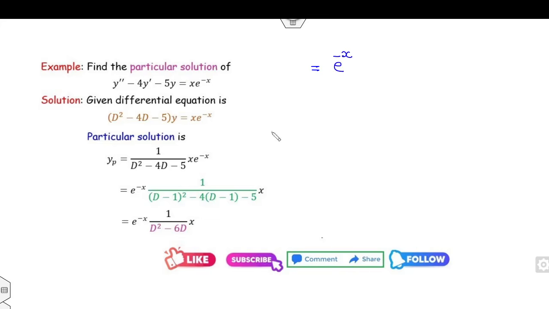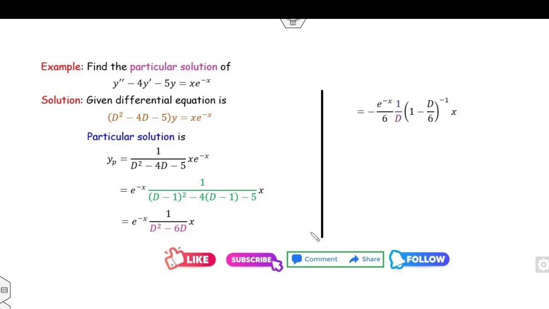Again, because it's a polynomial, your target is to make them 1. I can take minus 6D common. It's 1 minus D square minus D over 6, into x. So I can write it as minus e raised to power minus x over 6 into D. I can write this value as power minus 1.